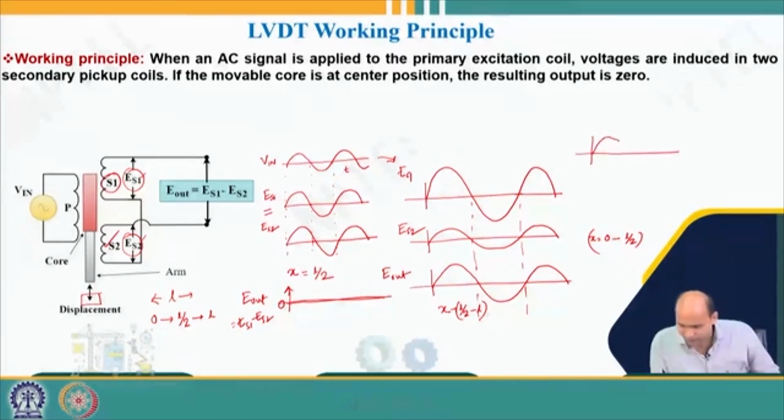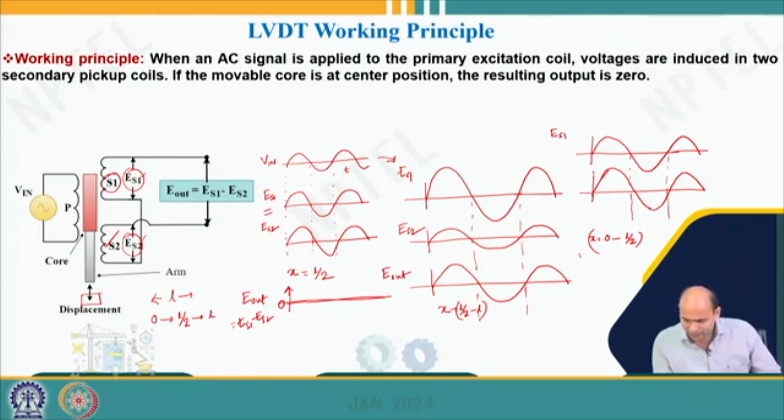Then if I consider this one is my ES1 and this one is your ES2, and then if I take the difference, in this case my ES2 will be greater than ES1. So if I draw the E out, ES1 minus ES2 means there will be the phase difference.